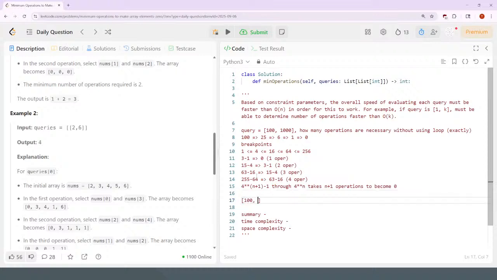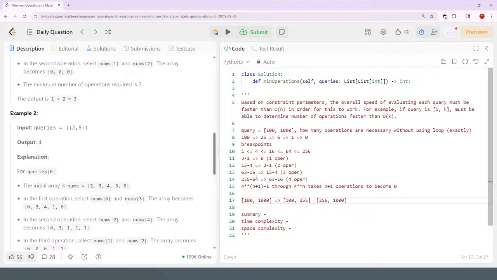So 100 to 1,000, that range becomes 100 to 255 and 256 to 1,000.